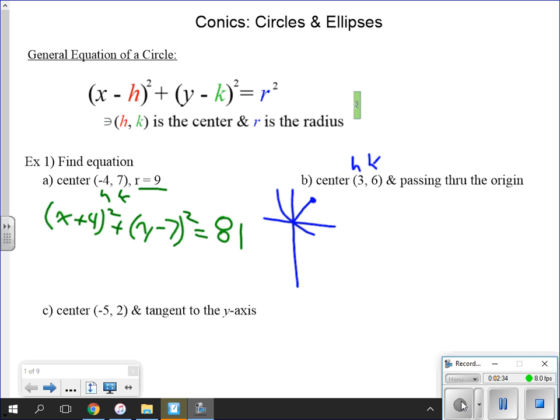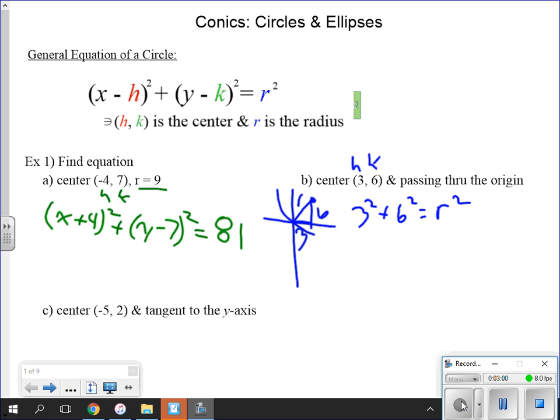You could, if you have a specific value, use the distance formula. But honestly, I don't want to work that hard on this one. This is 3, this is 6, this is r, which is really nice because that means 3 squared plus 6 squared equals r squared. And I don't need to find r. To find the equation, I need r squared.